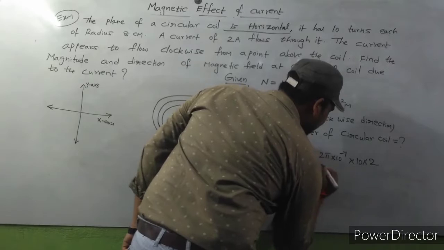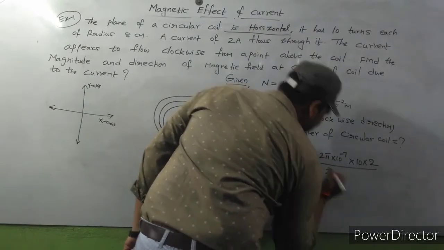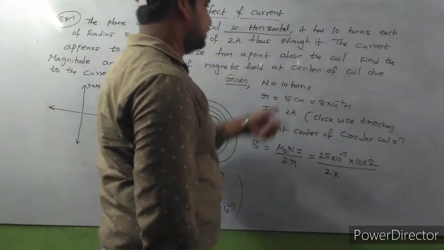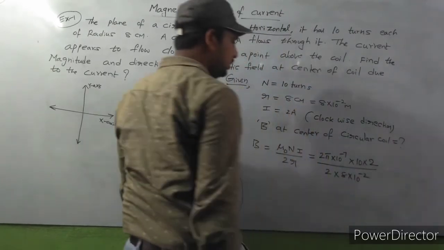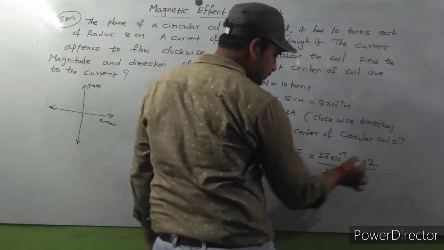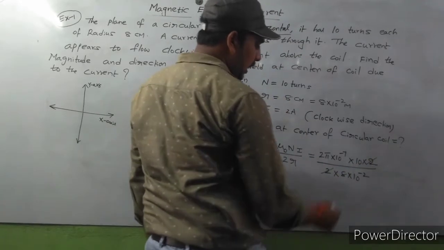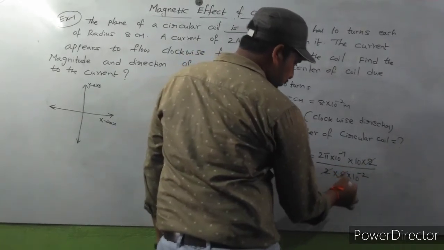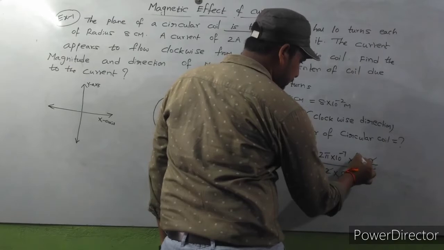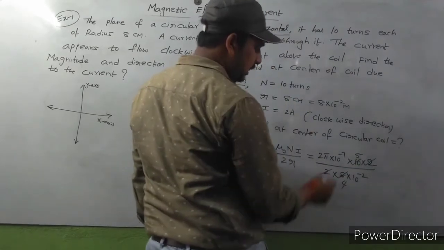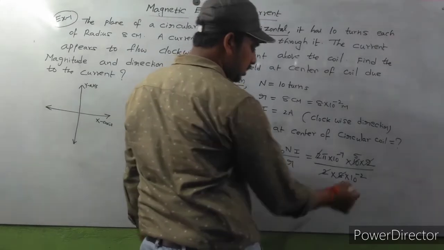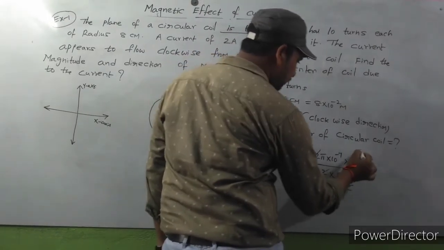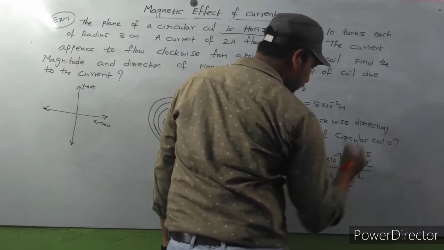And 2 into R, radius 8 into 10 power minus 2. Here the 2 gets cancelled. Two 4s are 8, and 2 fives are 10, and here again the 2 cancels.